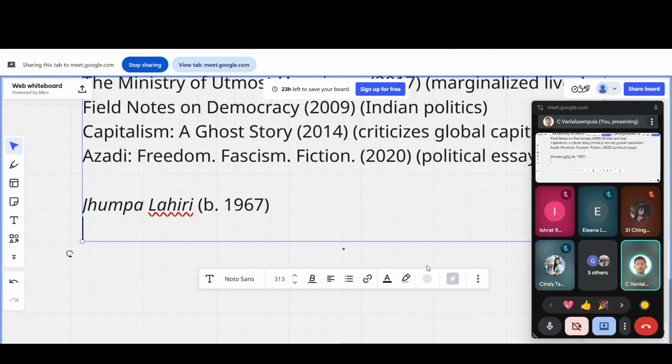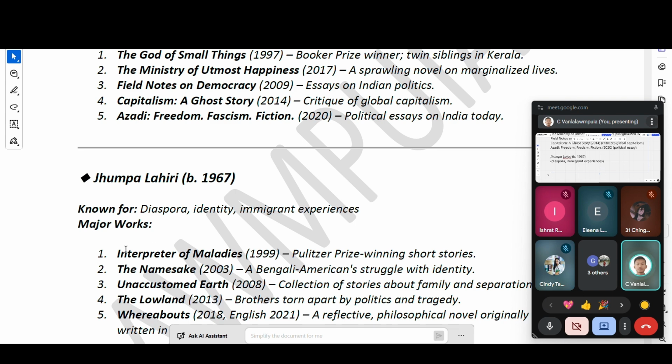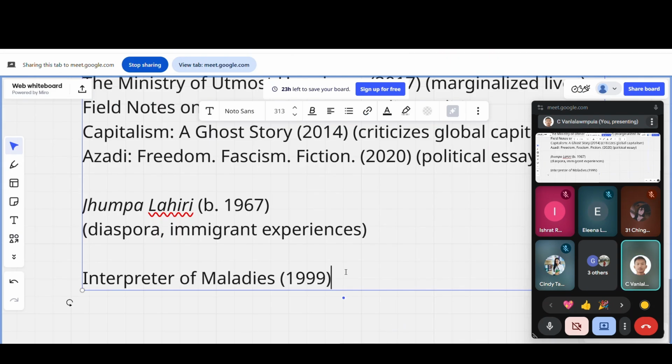So I'll write her themes, her genre and all. Genre is diaspora, immigrant experiences. Okay. So the first book will be Interpreter of Melodies. Okay, Interpreter of Melodies. So this one, the Pulitzer Prize. I guess you know this. It's a journalism based prize, Pulitzer awardee.